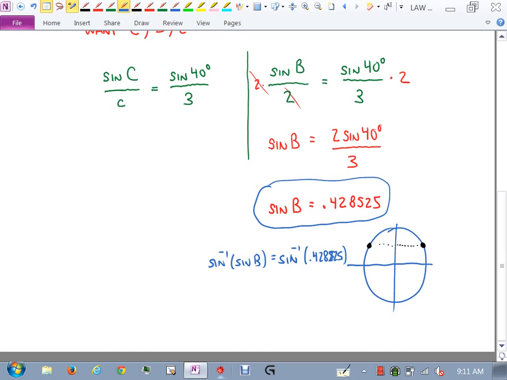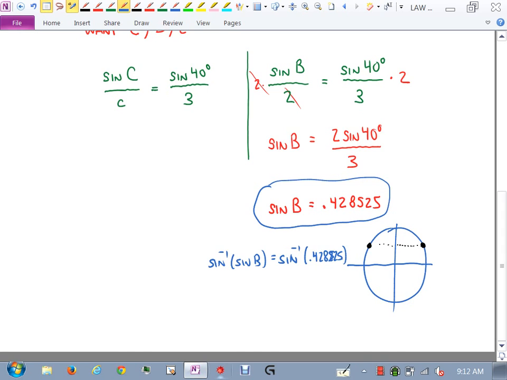What's the restriction on the arc sine? Negative pi over 2 and pi over 2, right? So my calculator, guaranteed, is only going to give me this answer, the one in the first quadrant. It's not aware of this one, because that's what happens when you do inverse, right? It has to restrict it. But we will consider that other quadrant. Understand, we're using the calculator to get the angle, but we are not restricted like the calculator is as far as the domain.